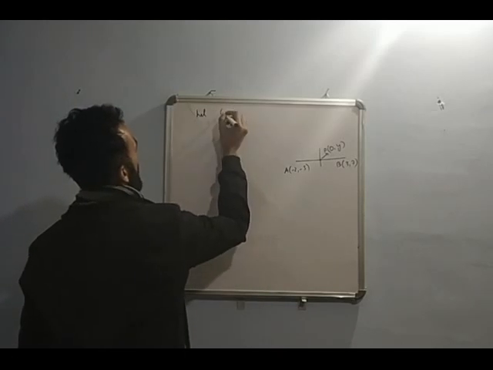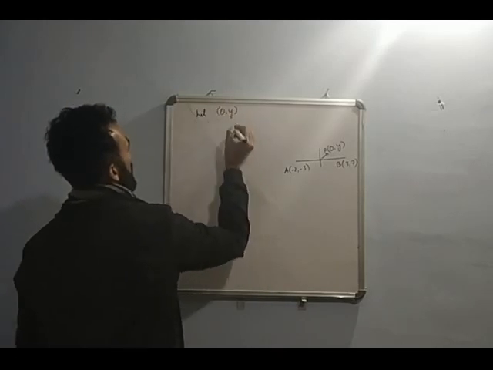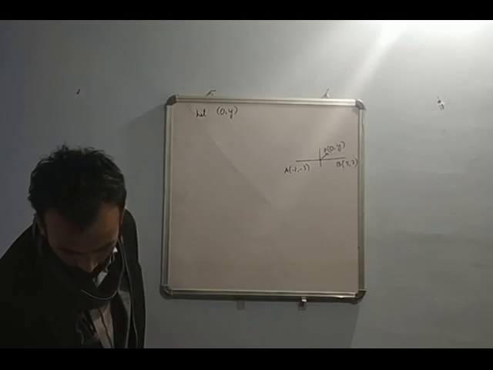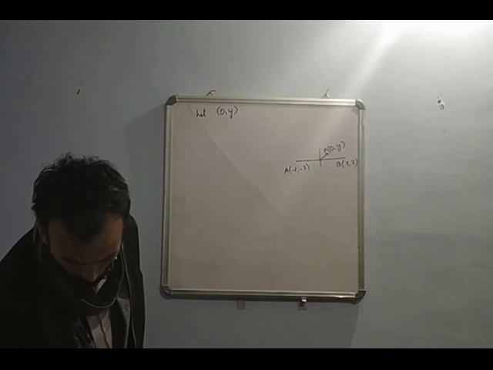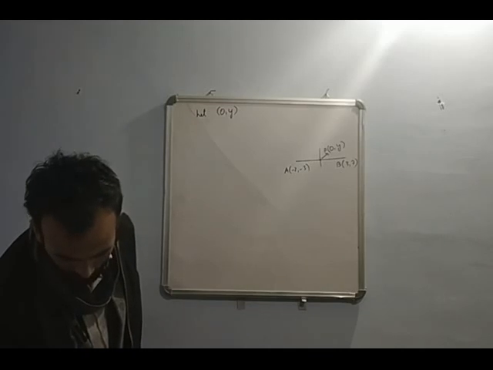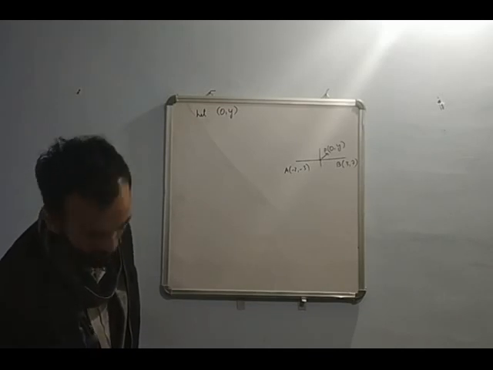What is the question? In what ratio is the line segment joining the points divided by the y-axis?